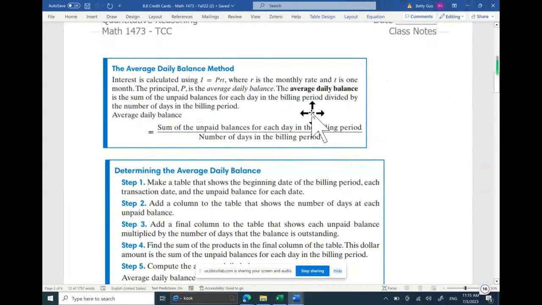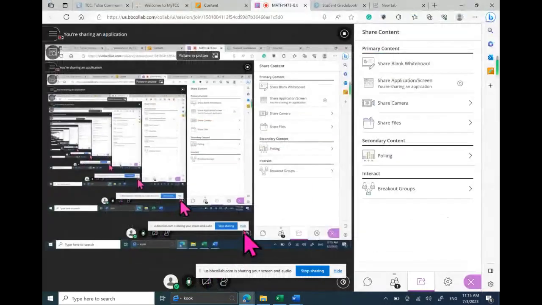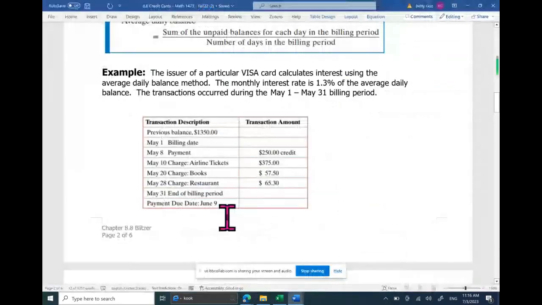The key concept is the average daily balance. We're going to look at an example. The example is very similar to many of the problems you will encounter in math. So we are going to take time to understand this example. Let's look at the information of this example.